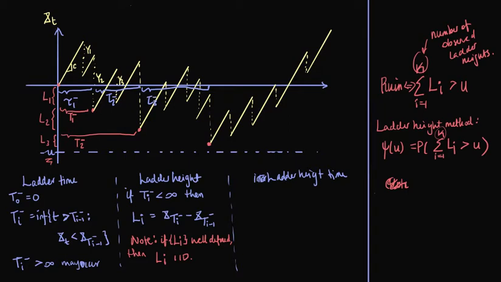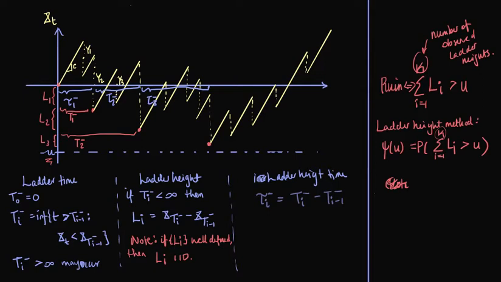And here we can see quite clearly that the definition of the ith ladder height time, tau i minus, is given as the difference between the ith ladder time and the i minus first ladder time.